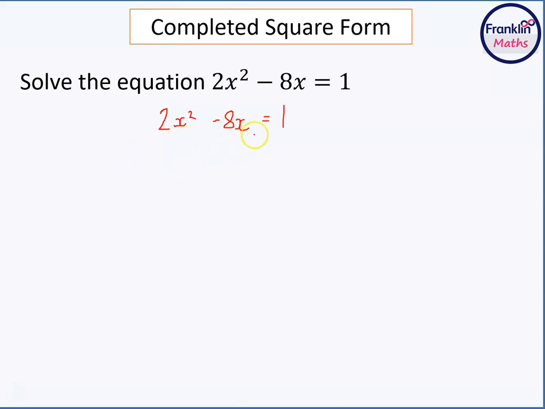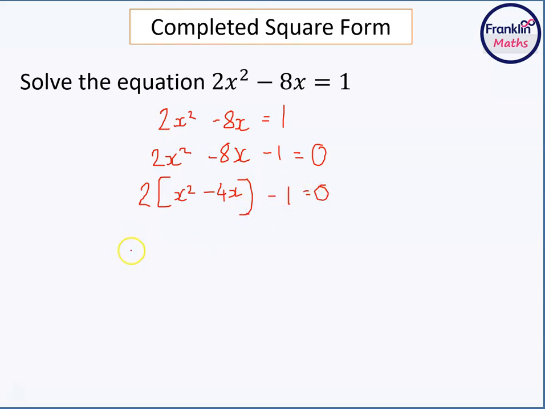Now, a quadratic can only really be solved if it's equal to 0. It's much easier to do if it's equal to 0. Let's make it equal to 0. Minus 1 equals 0. Okay, so I could use the quadratic formula, but we could also just complete the square. So I'm going to do exactly what we did earlier. Take the 2 out of the first two terms, square bracket there, minus 1 equals 0.